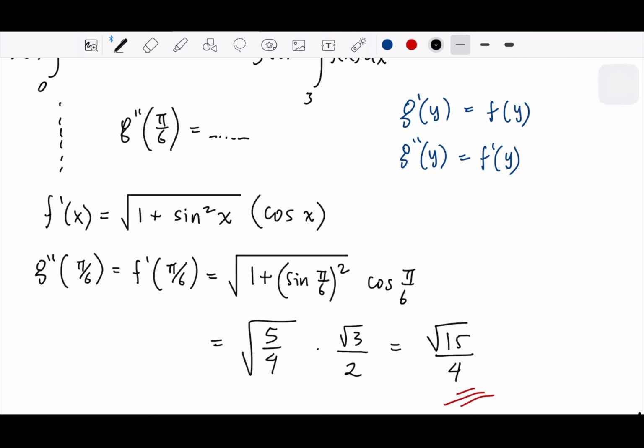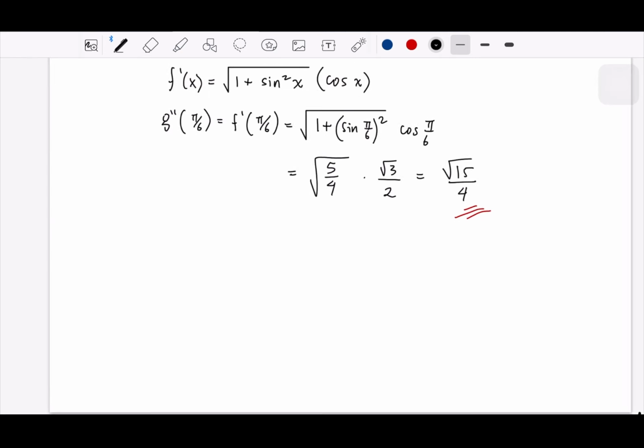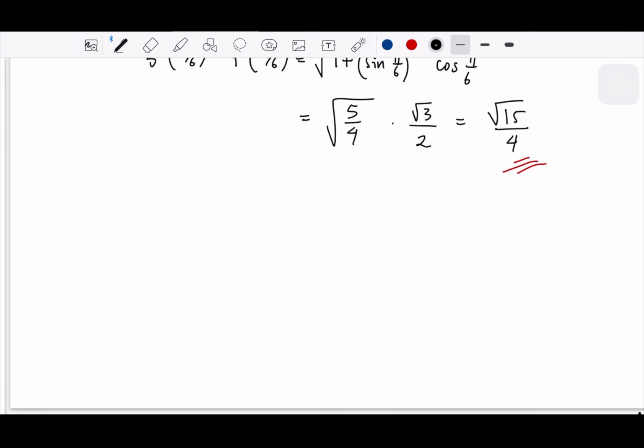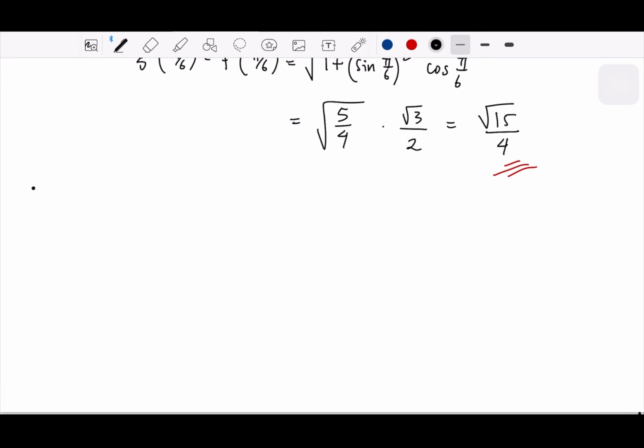How about number 10? Another question is number 10 in your homework.